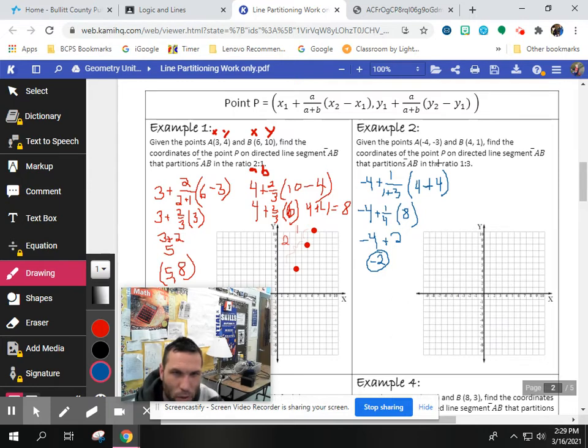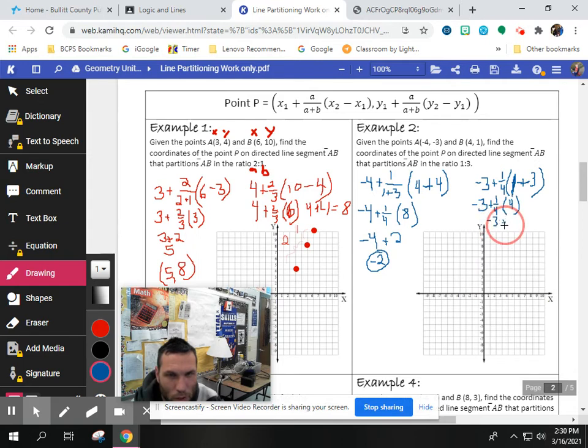See how quick that can go? For the y values, -3 is y1, plus the same 1/4 as right here, so I'll just write 1 over 4. Then the y value is 1 minus -3. When I have minus and negative, I change that to plus. So -3 plus 1/4 of 4, and 1/4 of 4 is 1.